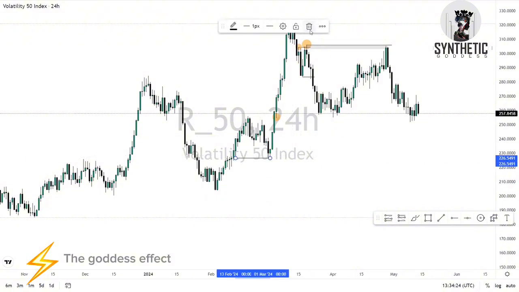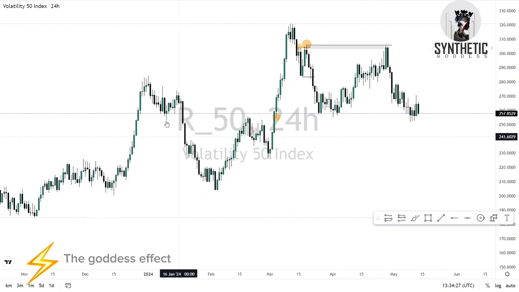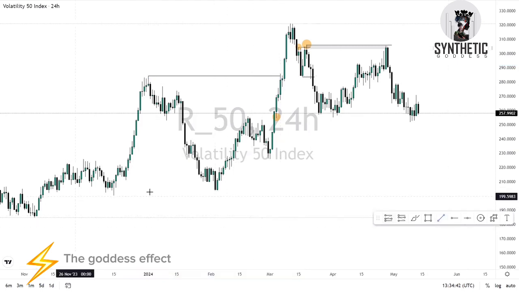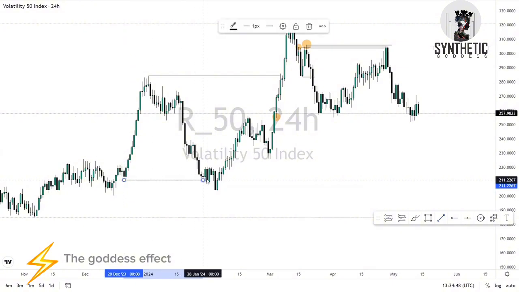So the best way we are going to identify that market has changed our structure to the downside is when we break a major. So how do we identify a major? You can see that we had a break of structure to the upside here. Does this low carry a major? We're going to check through now. So you can see that we actually have a major at this area.